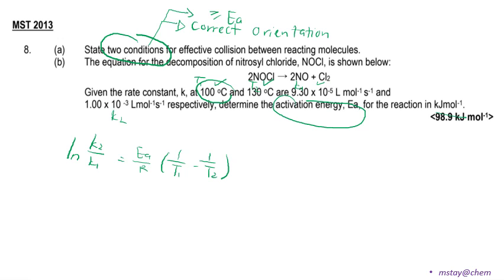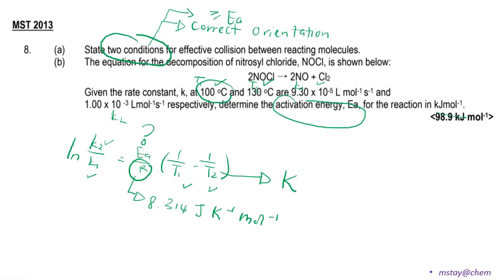When you substitute the values in, make sure the temperature is in Kelvin, and the gas constant we use must be 8.314 joules per Kelvin per mole. The values of K2, K1, T1 and T2 we have, which means we are left with only one unknown.